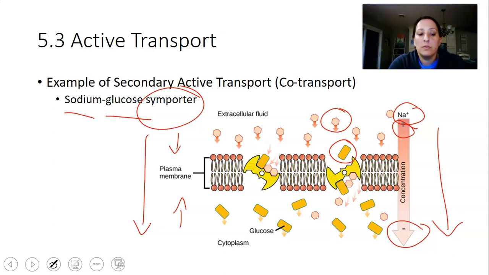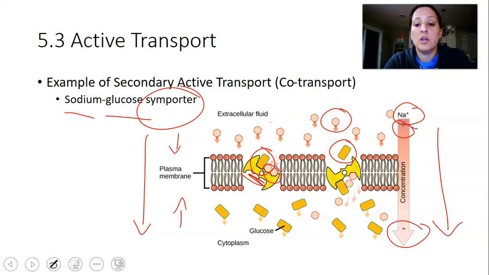So how the glucose sodium symporter works, that's shown right here, this guy. In order to transport either sodium or glucose across the membrane, both have to bind. So sodium wants to move down its concentration gradient, so it will bind here to sodium ions. And the glucose is going to bind as well.